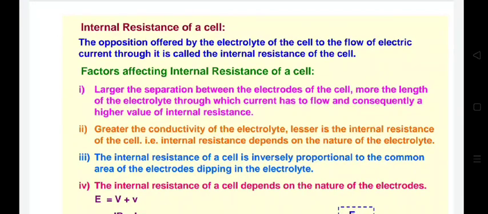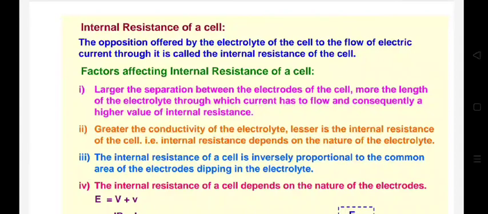The more the conductivity of the electrolyte, the lesser is the resistance offered by the electrolyte. It is also dependent upon the concentration and temperature of the electrolyte, and increases with the increase in concentration but decreases with the increase in temperature.